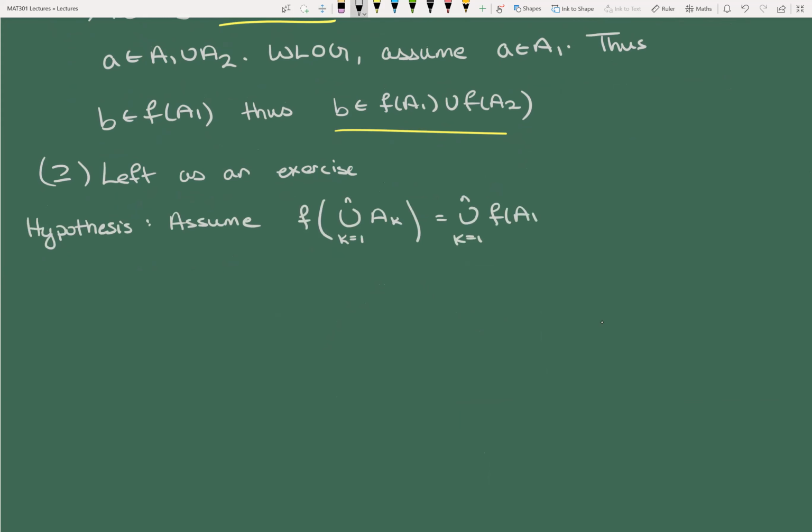Like this. Okay, we've seen notation similar to this, like sigma notation. If you've done 224 or 240, you've probably seen a direct sum notation like this. So it just means, take the union over all of the things on the right. So we're going to assume that this is true for n and now show it for n plus 1.